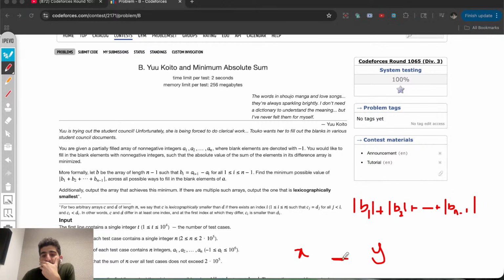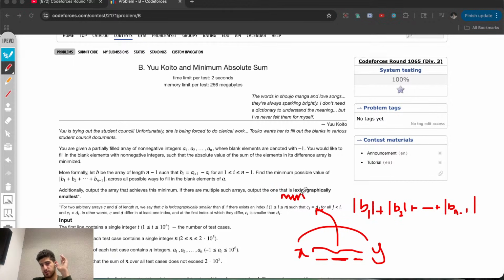Then if I make sure that everything is between x and y, the real absolute difference would stay the same. So for each of these places that have an element before them and an element after them, you have to set every empty space between x and y to the minimum of x and y.